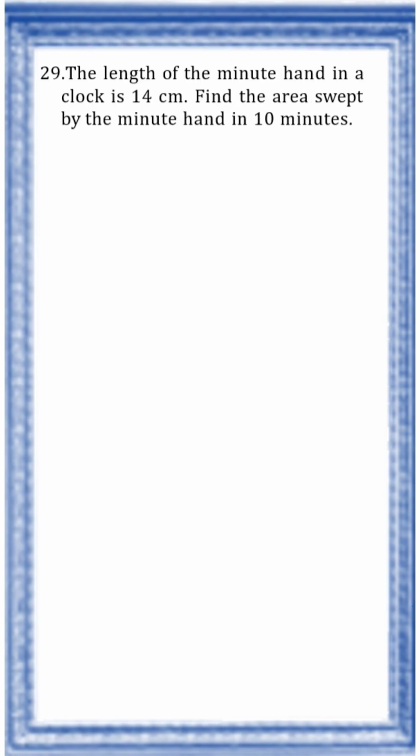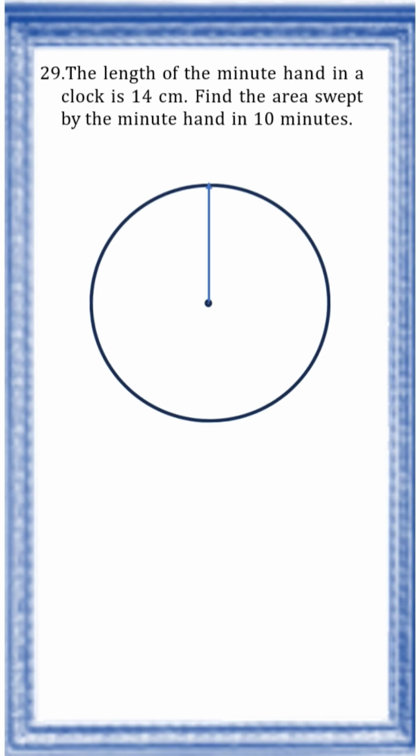Now let us solve the 29th question. The question is: the length of the minute hand of a clock is 14 cm. Find the area swept by the minute hand in 10 minutes. Now this is the clock, this is the minute hand.